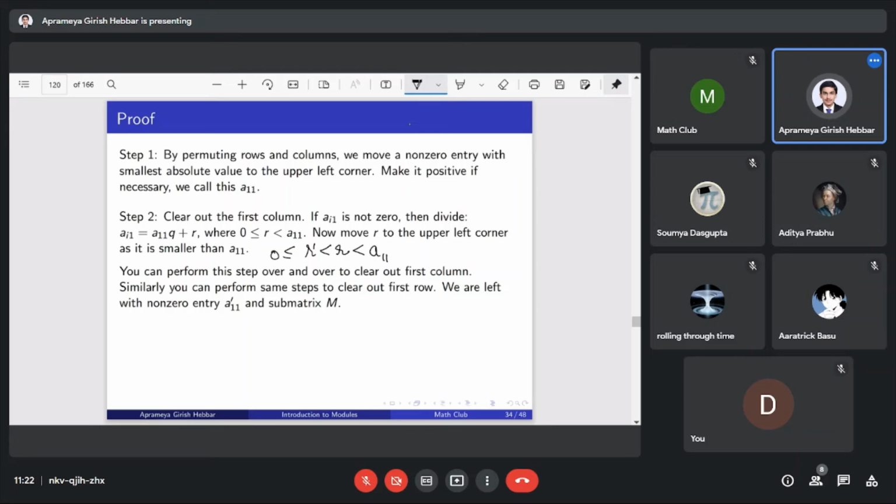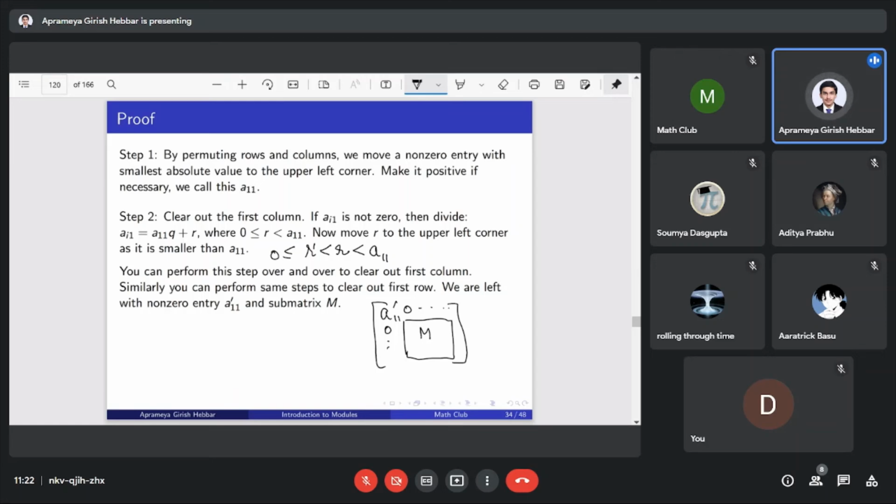So you can perform this step over and over and clear out the whole first column. Now you turn to the first row, and you will again clear those out also. Finally, after clearing all of those, you are left with one a11 dash. All of these are 0, again all of these are 0, and you have a submatrix M, the rest of it.